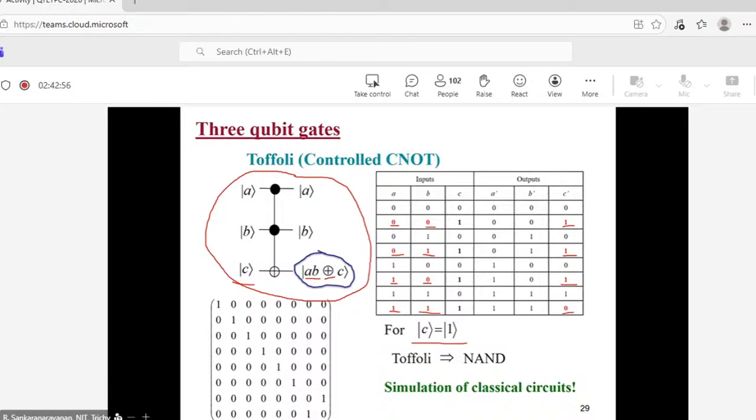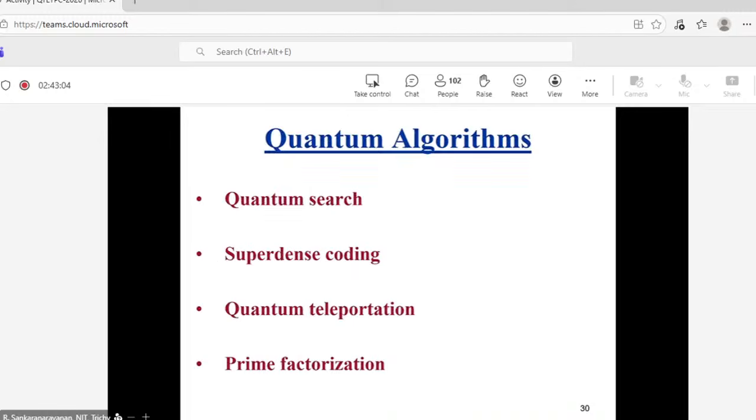These algorithms are far superior to their classical counterparts. There are many algorithms here: quantum search, superdense coding, quantum teleportation, and prime factorization. I just want to concentrate only on the quantum search.